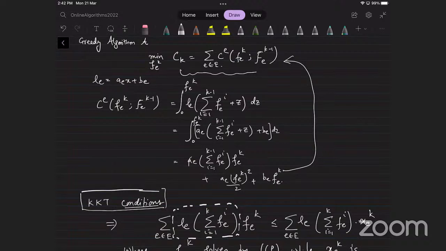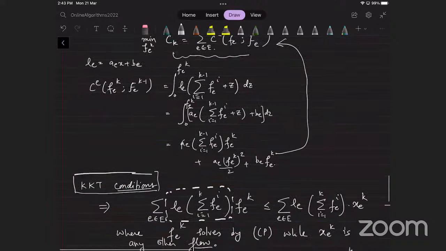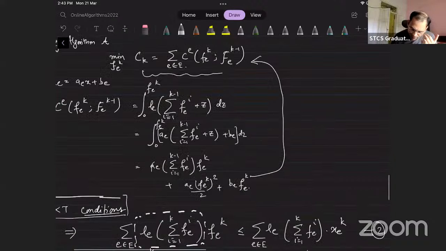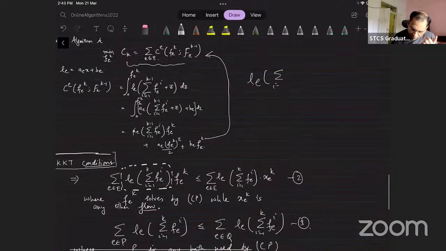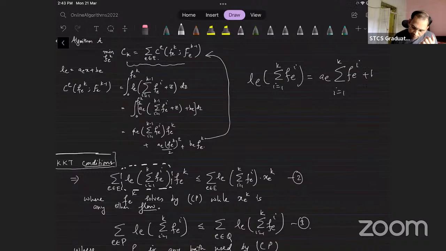So it is a linear part of the cost function, that is AE times the flow up to K minus 1 plus BE times FE to K. So that is LE of the summation up to K of FE of I times FE of K. Okay, you want me to expand? I'll expand. So LE of summation I going from 1 through K of FEI is nothing but AE summation I going from 1 through K of FEI plus B.